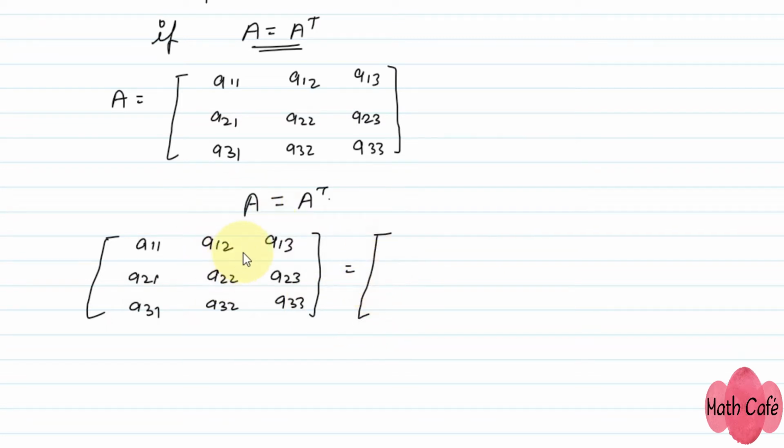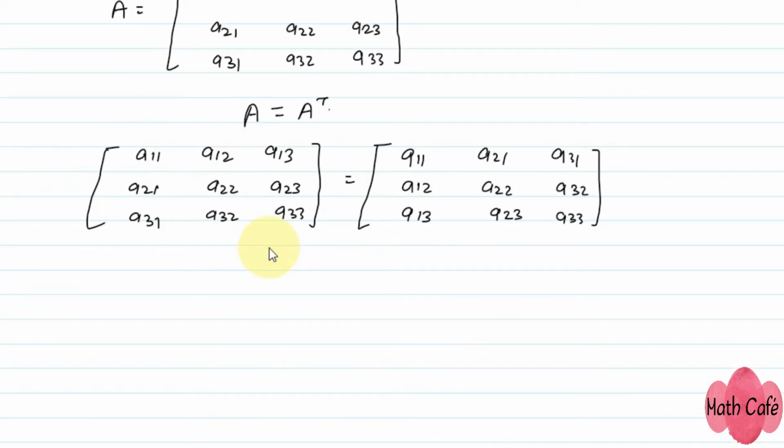Just by interchanging all the rows and columns. So row number 1 will become column number 1. So this is A and this is its transpose.